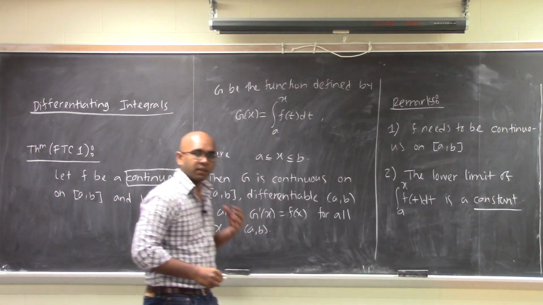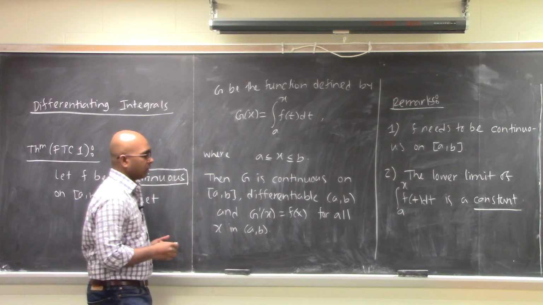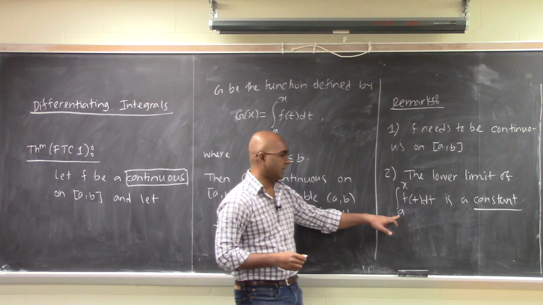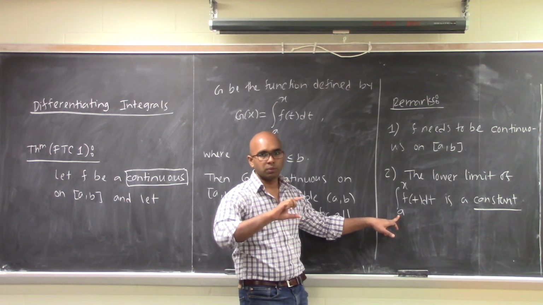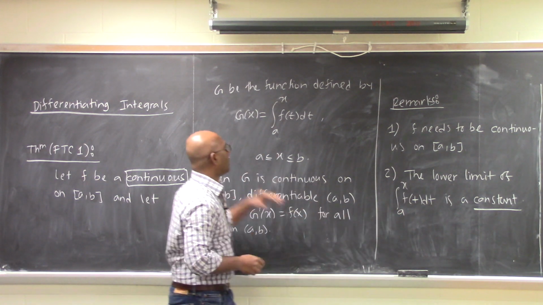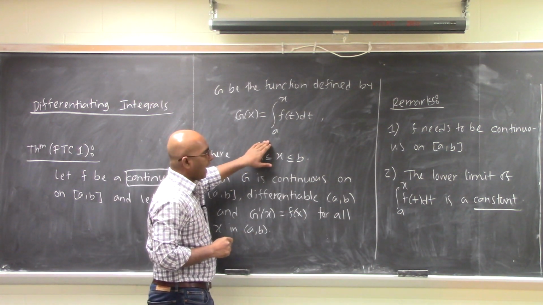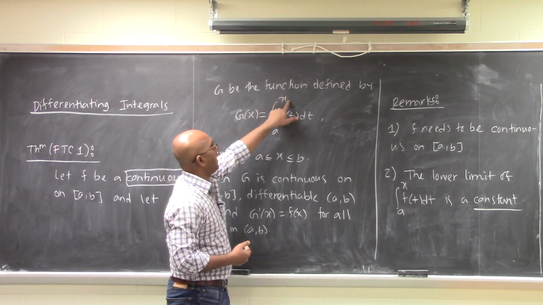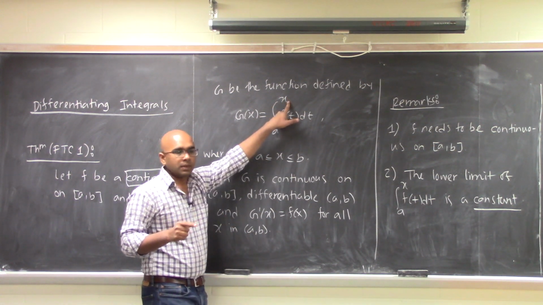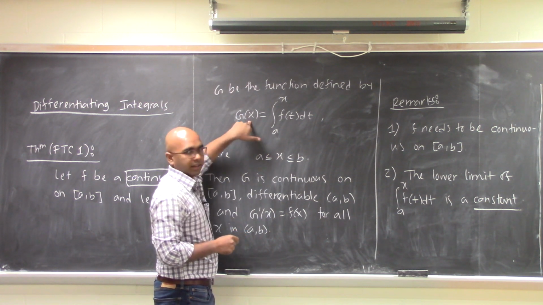So when you differentiate a function that is defined as some kind of integration, and if you don't have a constant at the base, you have to change it somewhere so that you have a constant. Otherwise you cannot apply FTC1. Okay, that's one thing you need to notice. And the second thing is the upper limit is x. Notice this function capital G has input x, right?